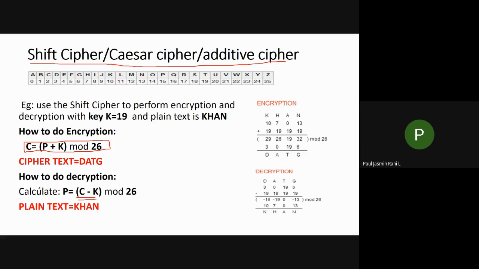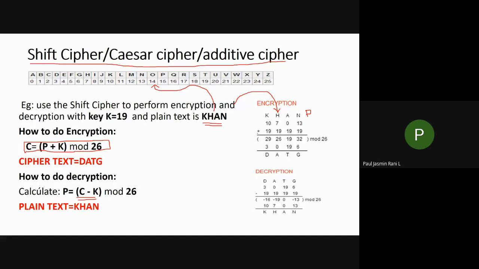Let us consider an example. Your plain text is con. The first step is to find the corresponding numbers from the tabular column, which run from 0 to 25. After substituting the numbers for con, you will get 10, 7, 0, 13.